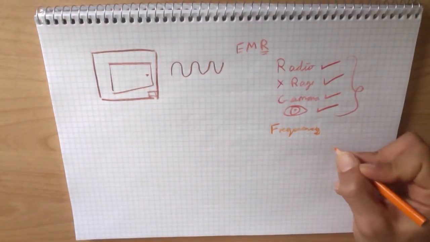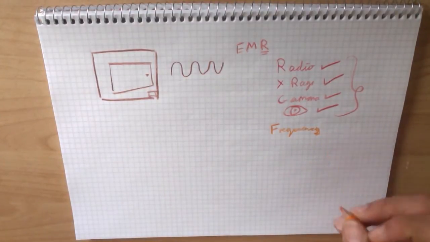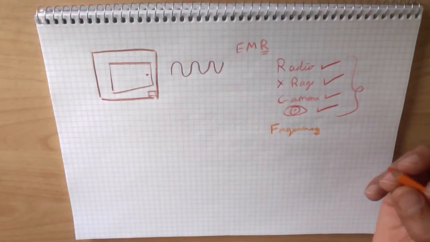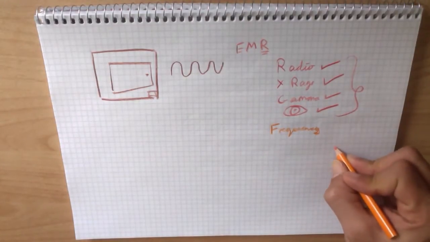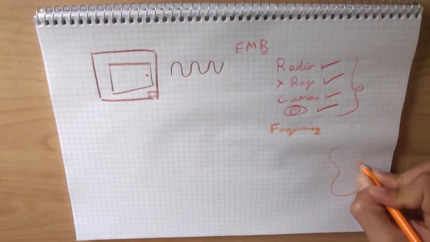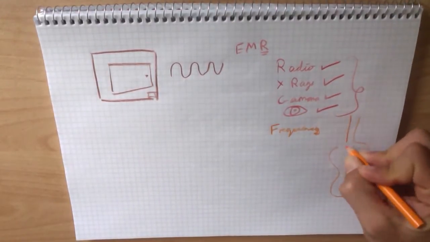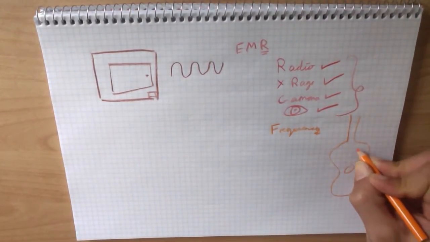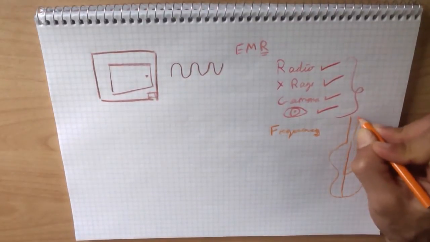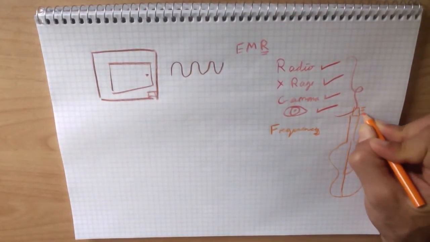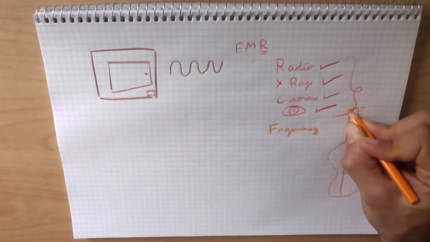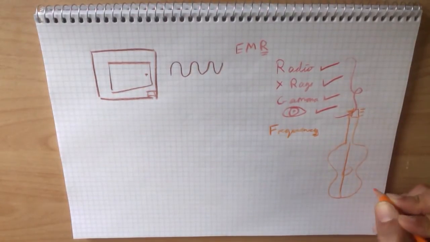Let me explain this with an example. Let's take an example of a violin. So, let me just draw a quick violin. Actually, let's just call this a guitar. I think it's easier for me to draw a guitar. Okay, and this one string for now.